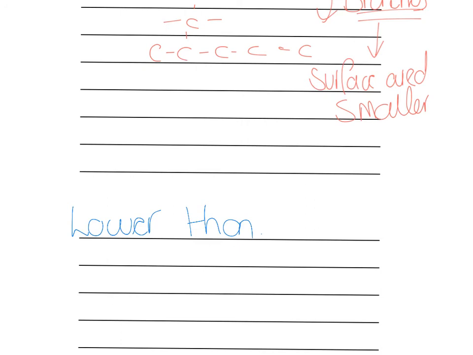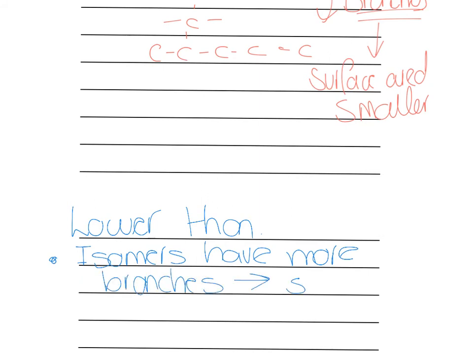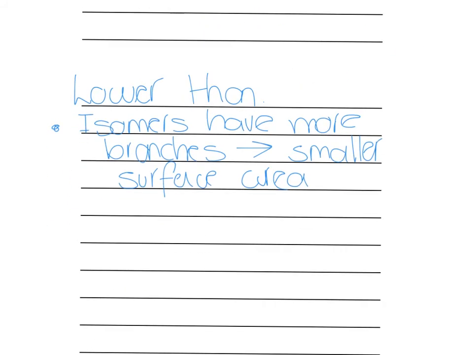Now they want to know why. Well, the isomers have more branches, which means they have a smaller surface area. As a result of the smaller surface area, in this case the London forces will decrease and become smaller.